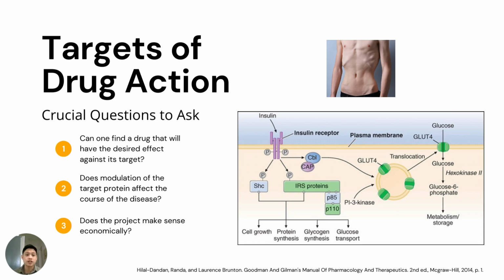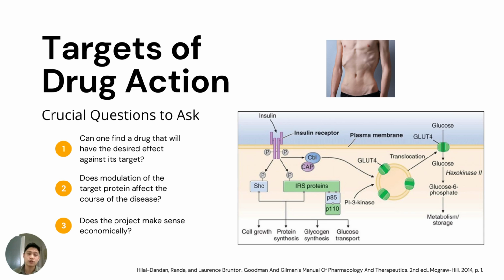So these are targets of drug action. What are crucial questions to ask? Number 1, can one find a drug that will have the desired effect against its target? Number 2, does modulation of the target protein affect the course of the disease?